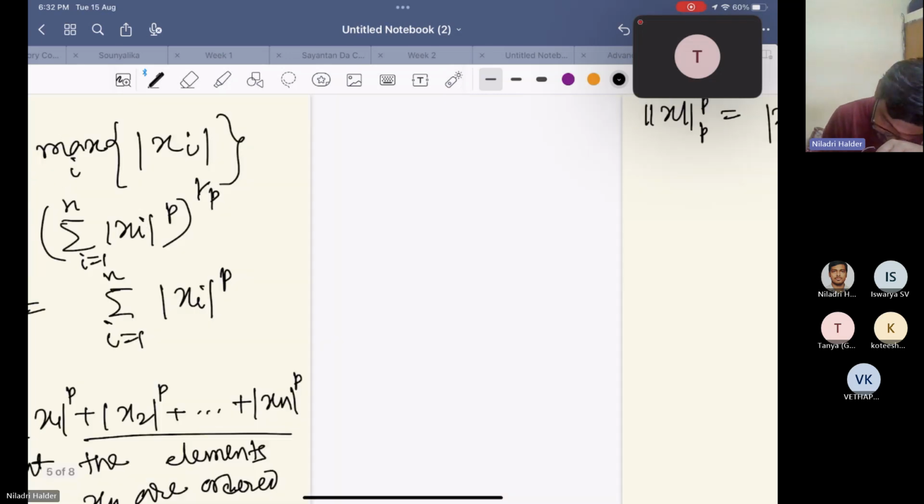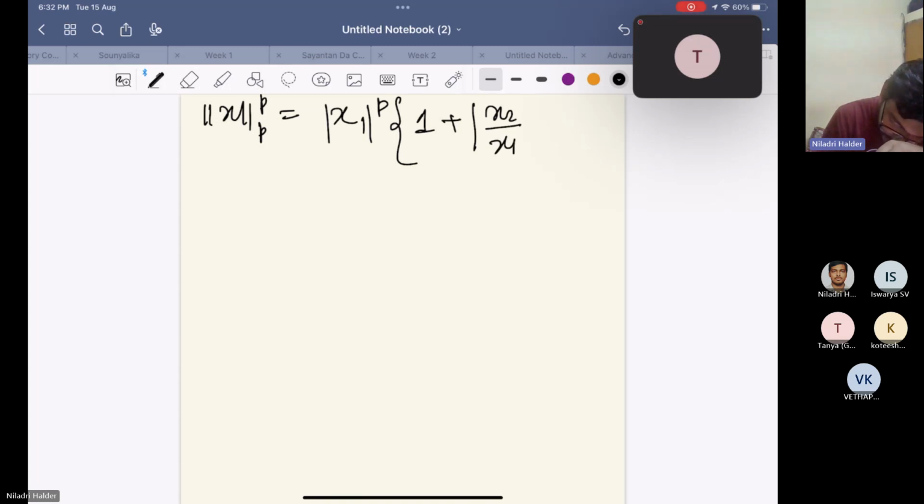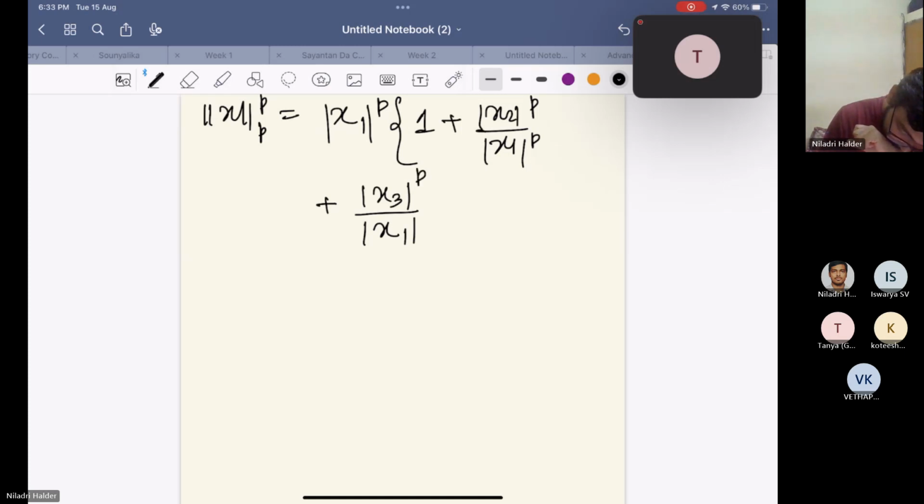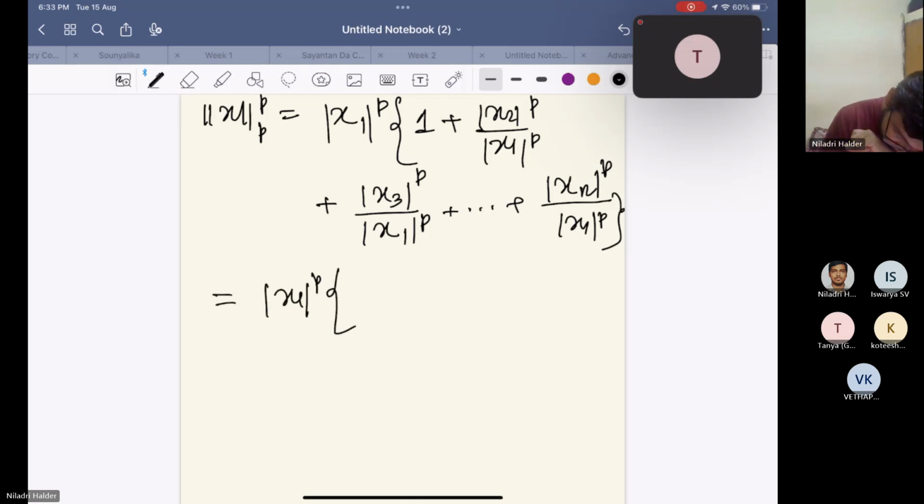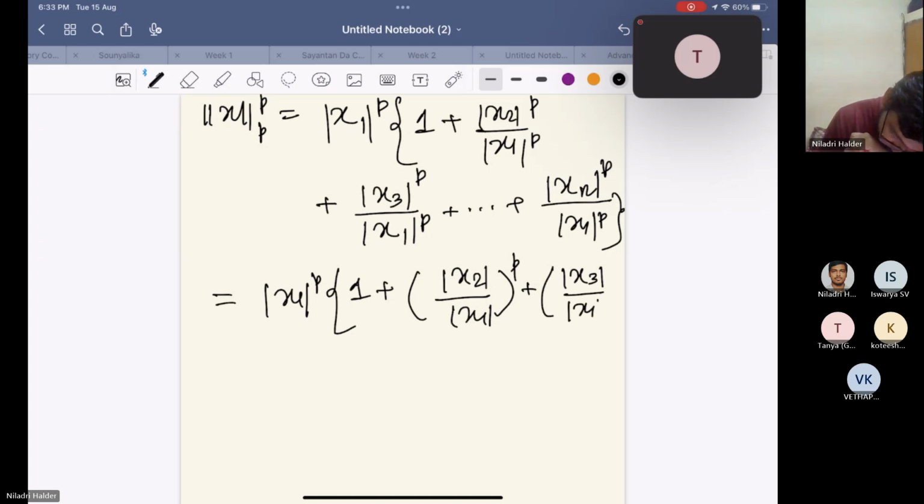So it will be 1 plus mod of x2 by mod of x1 power p plus mod of x3 by mod of x1 power p, plus dot dot dot plus mod of xn by mod of x1 power p.